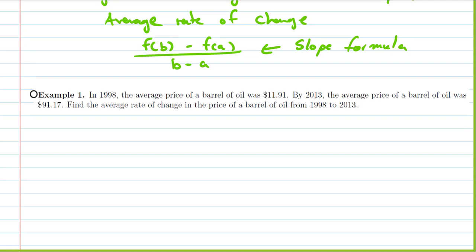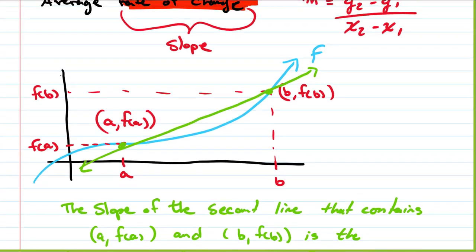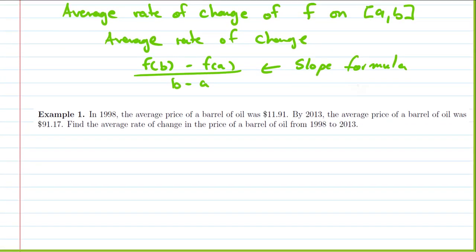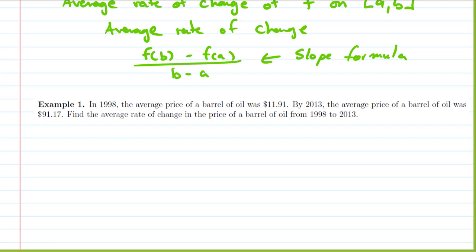Find the average rate of change in the price of a barrel of oil from 1998 to 2013. So to find the average rate of change, what do we need? Well, according to our picture, we need 2 points, inputs and outputs that go together. So our ordered pairs are: if I input the year 1998, my output is $11.91. And if I input the year 2013, the corresponding output is $91.17.